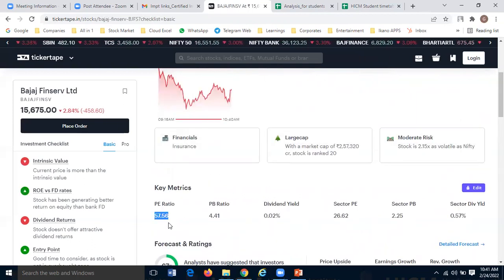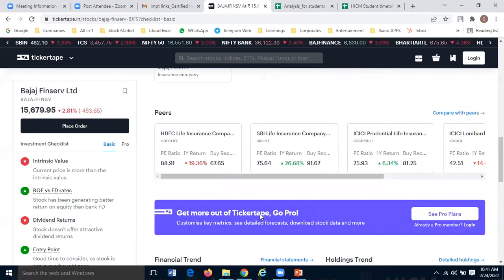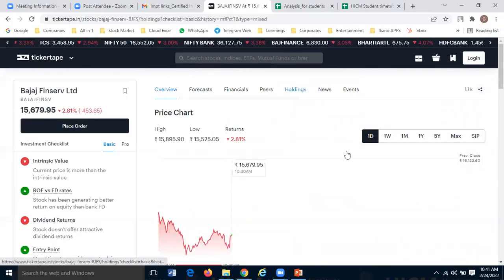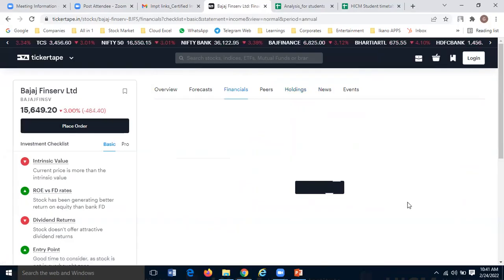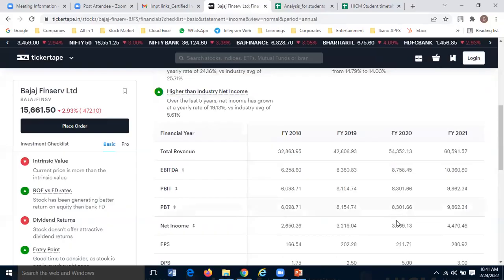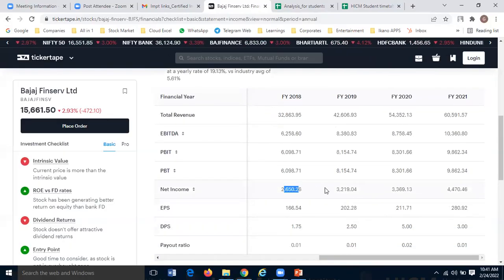But if you see the kind of profits that it is generating, we can check the financials, the net income. It is because it deals with cash, it gives loans at a higher rate of interest. I don't think it is a good buy, but it is always overvalued only.